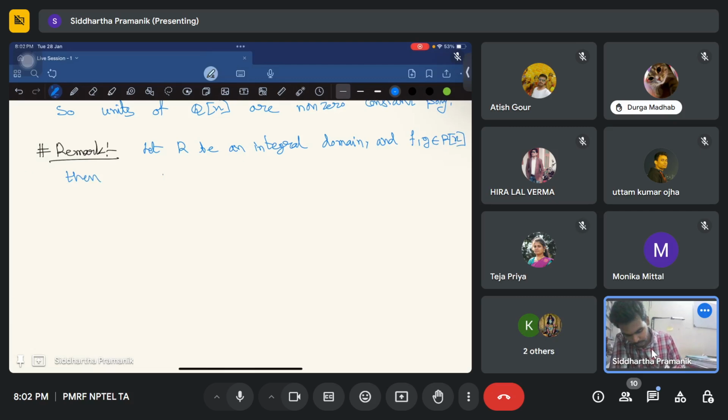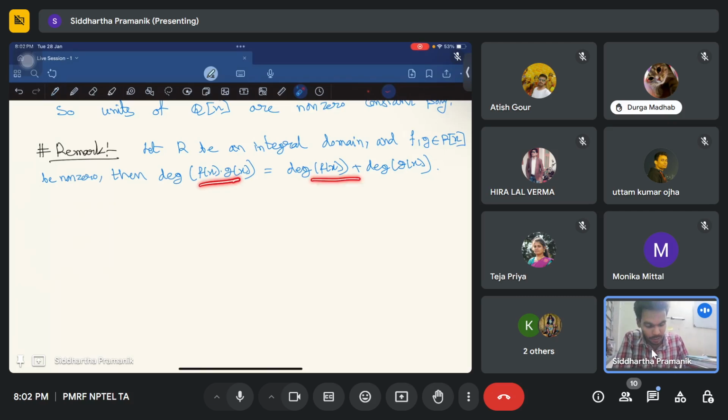Then the degree of this product is the degree of f(x) plus the degree of g(x). So the degree of this product will be the sum of the individual degrees.